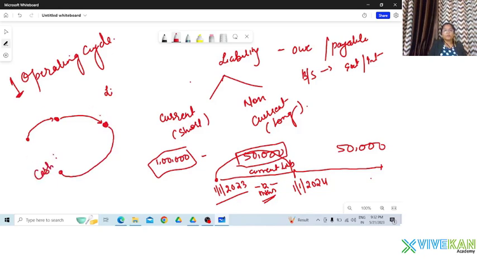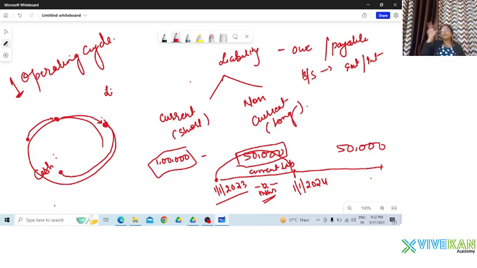This whole cycle of realization of cash is called the operating cycle, wherein you have purchased the goods, processed and manufactured them, marketed and sold them, and then realized the money.